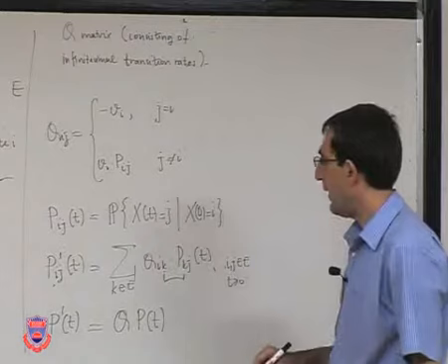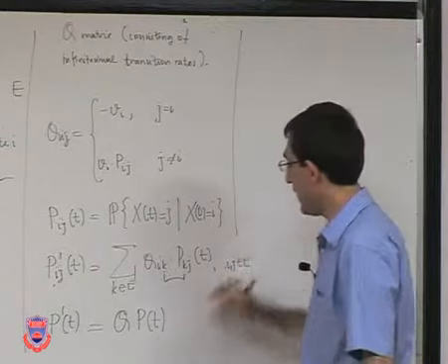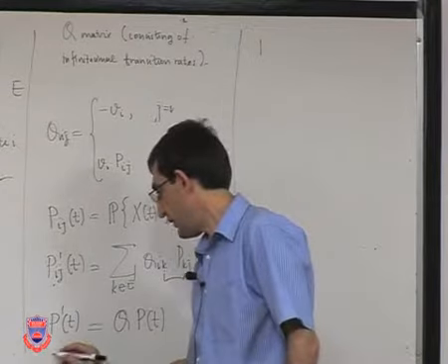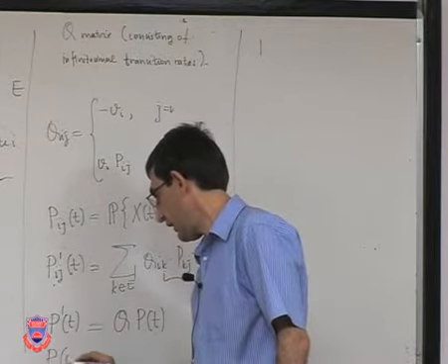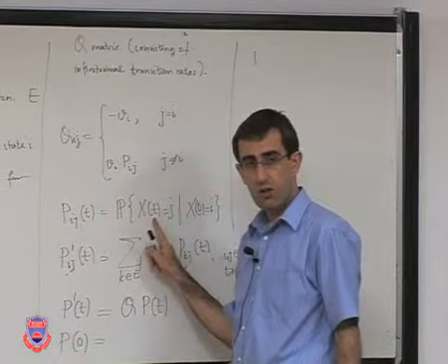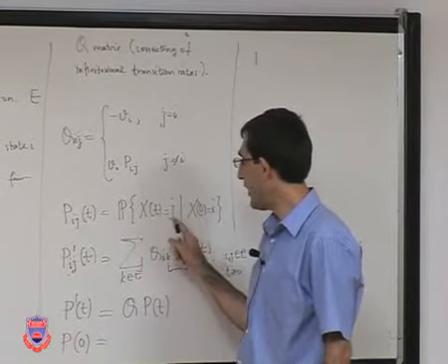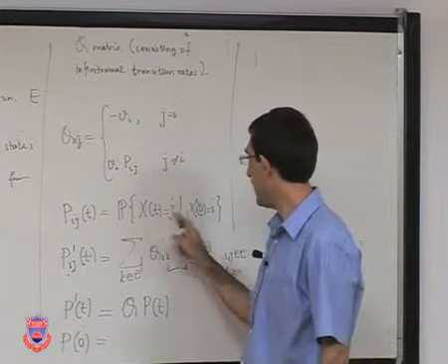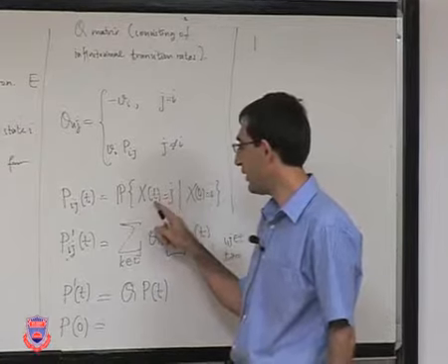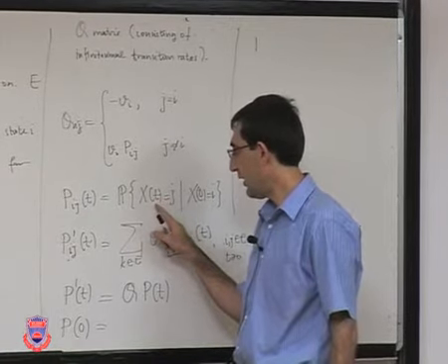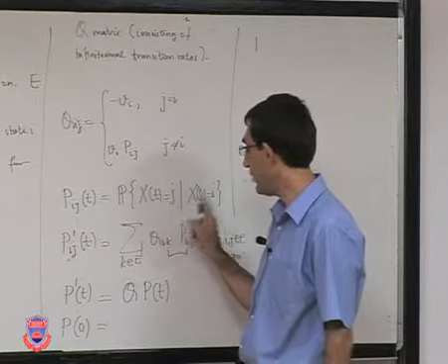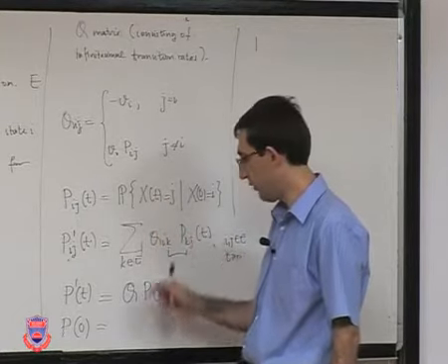We showed that the solution for this equation, together with an initial condition, since this alone is not enough to specify a solution uniquely. When t equals 0, if you are in state i at time 0, then you will be in state j at the same time 0 with probability 1 if j equals i, and probability 0 otherwise.